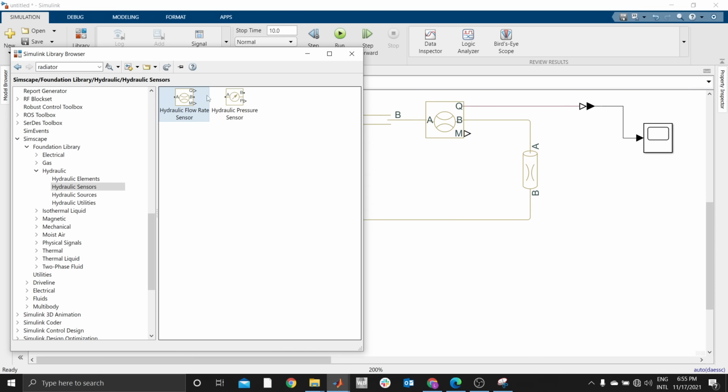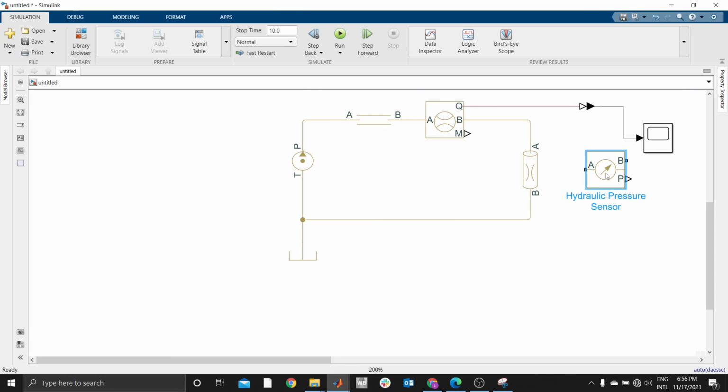Go to library. Now there's a pressure sensor. Remember I said the liquid goes from A to B, and P is where we get the value. Therefore, let me rotate this once and press Ctrl I to interchange A and B. This is a pressure sensor.